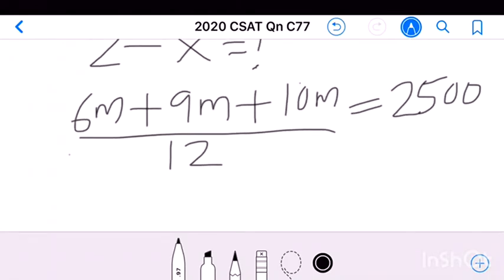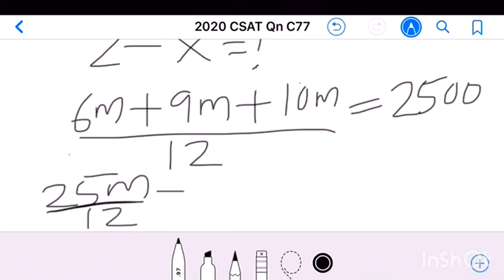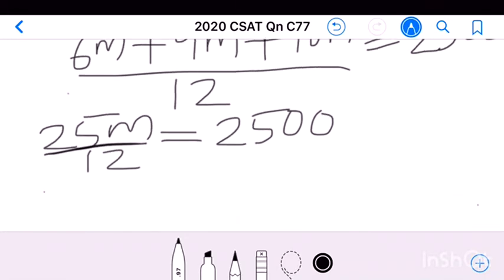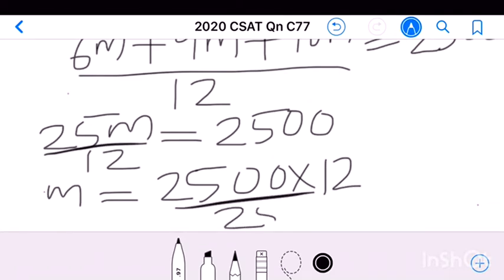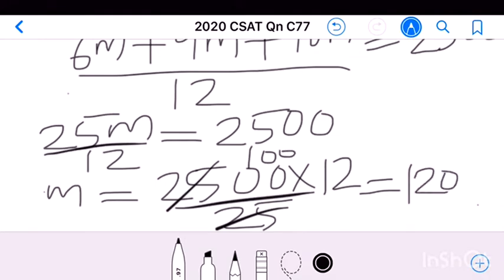Then 25m divided by 12 equals 2500. M equals, taking this 12 to the right side, 2500 into 12 divided by 25. Here it becomes 100 into 12, 1200. Value of m equals 1200.